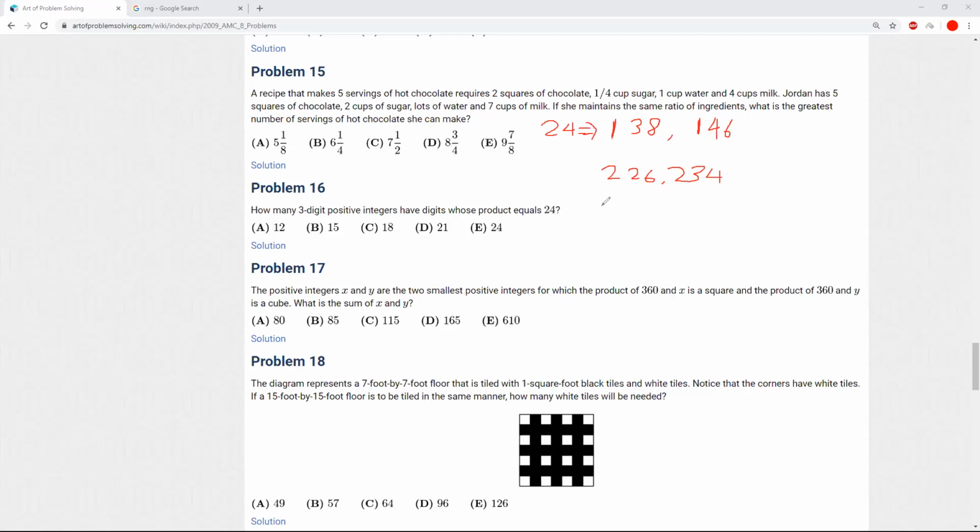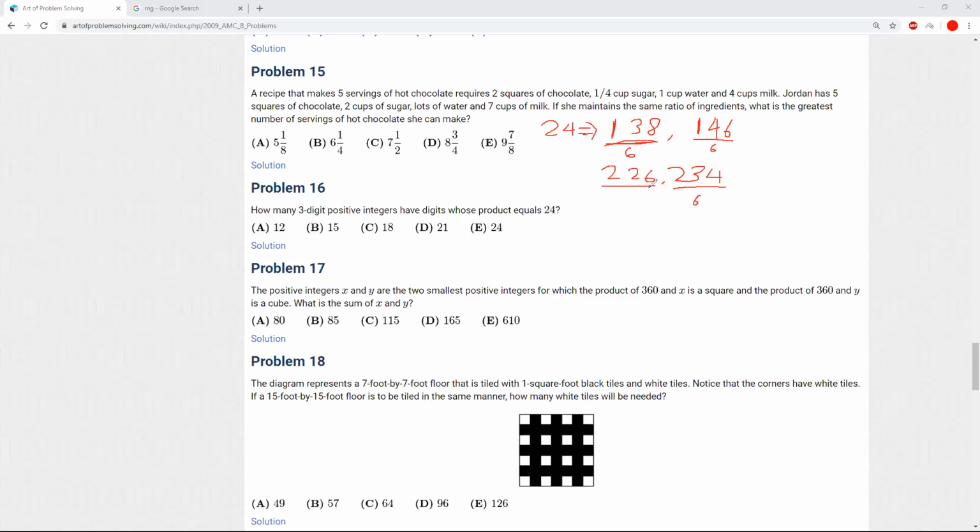And then we can have stuff like, yeah, I'm pretty sure those are the only combinations, if I'm not mistaken. And realize that each of these numbers, so like 138, has 6 permutations. 146 has 6 permutations. 234 has 6 permutations.